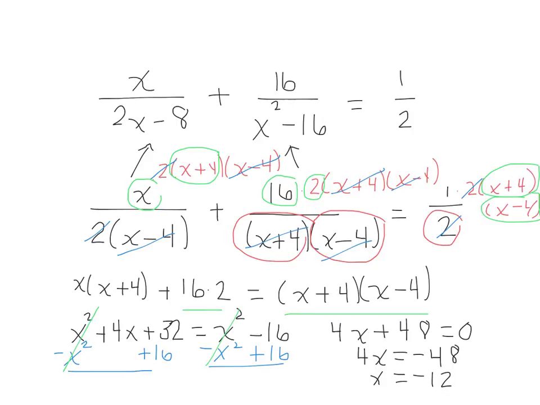So x cannot equal 4. And if x were equal to -4, some of these denominators would also result in us dividing by 0, and we can't do that. So we knew from the get-go that x could not equal 4, nor could it equal -4, but that didn't turn out to be a problem because we found that x was equal to -12.